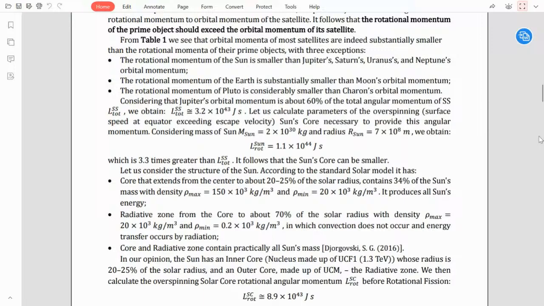The radiative zone extends from the core to about 70% of the solar radius, with density rho maximum 20 and rho minimum 0.2 thousandths kilograms per cubic meter, in which convection does not occur and energy transfer occurs by radiation. The core and radiative zone contain practically all of the Sun's mass.